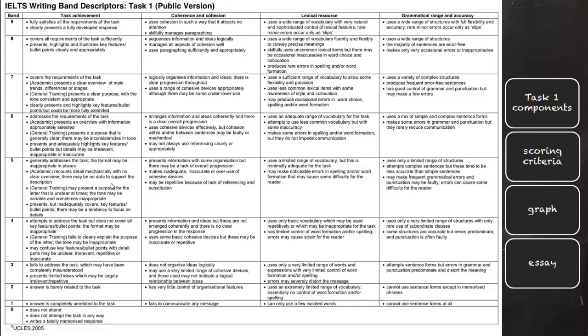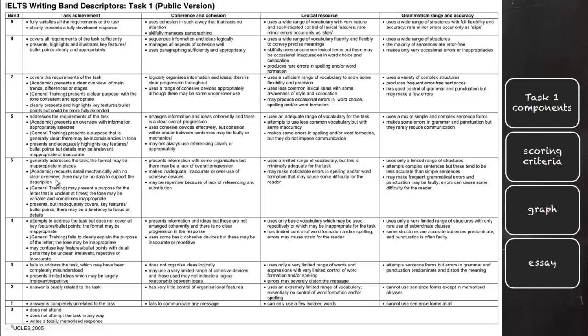So this is where the whole part of the overview fits in. If you don't have an overview, you most likely are going to end up in band score 5 for this criteria. So there are 4 categories, and at the end, the average of every category will make up your IELTS score. So let's say we didn't have a clear overview, we probably get a 5 here.